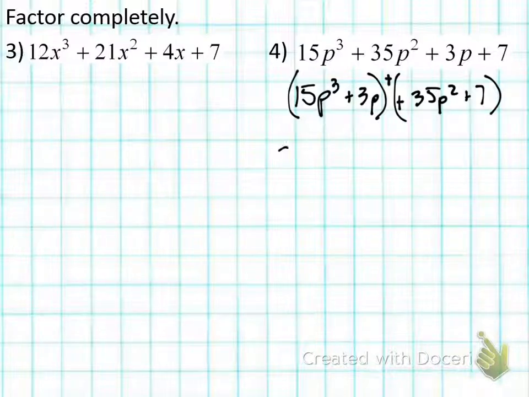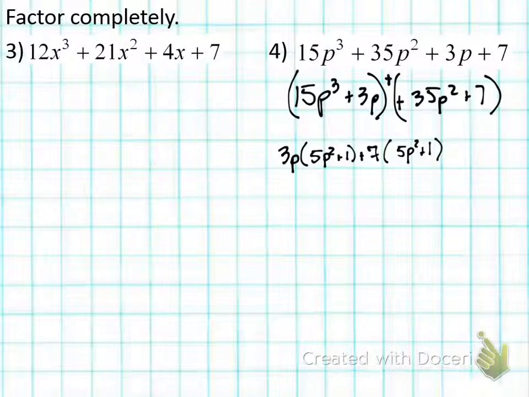We got 3p times 5p squared plus 1, plus the next term we wanted to take out was 7, plus 7 times 5p squared plus 1. Okay, 5p squared plus 1 times 3p plus 7. There you go, there's your answer.